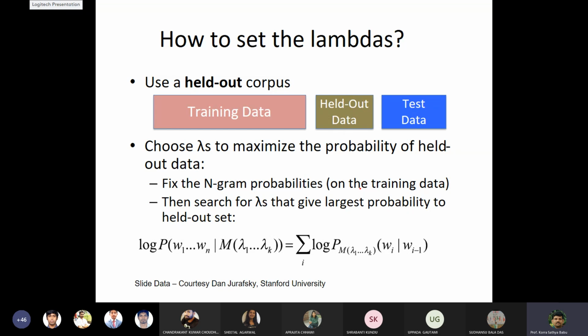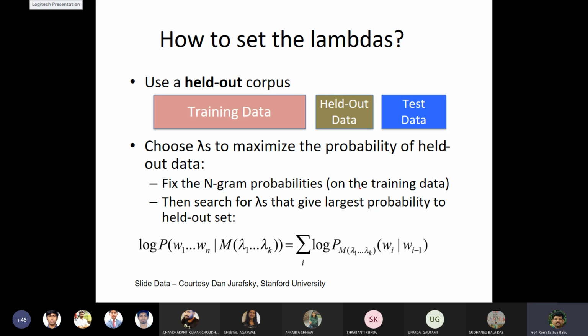Now, how to set these lambda values? Here we use the held-out data set or validation data set. So we have the training, validation and test data sets. You choose lambdas to maximize the probability of the held-out data. So fix the n-gram probabilities in the process of training, then search for lambdas.